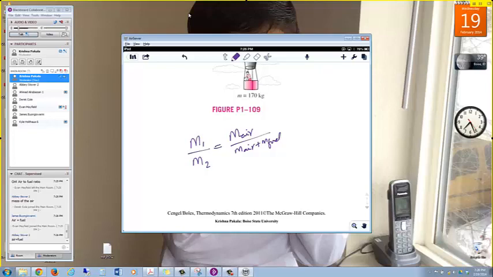But in the problem, what we are given is just the air fuel ratio. That means we are given mass of air over mass of fuel, right? So you have to do a little bit of algebra here. Can I divide the numerator and denominator with mass of fuel?